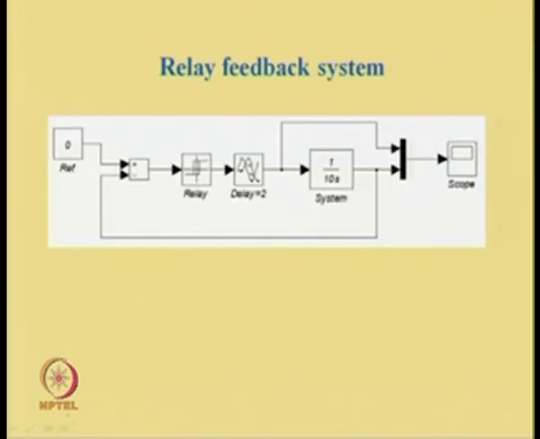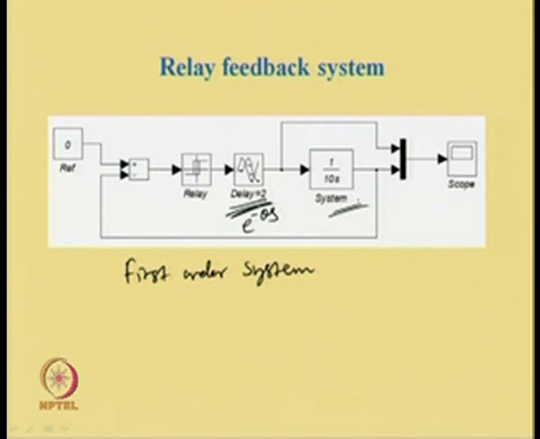Let us discuss the identification of some first order system. Here, a relay test is conducted for a first order system. What type of system do we have? We have a time delay of 2 seconds as shown over here. Therefore, this term is written as e to the power minus theta s, and the system is given by a time constant with some integrator.